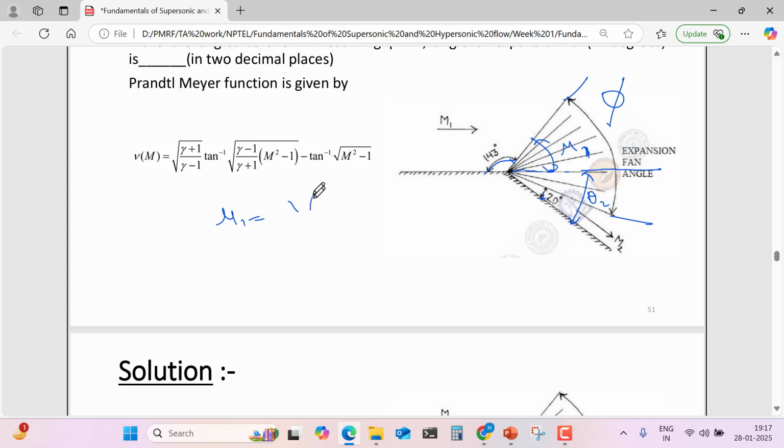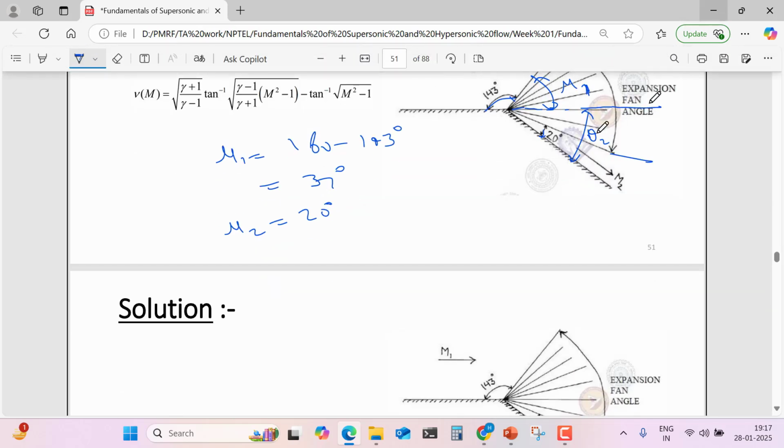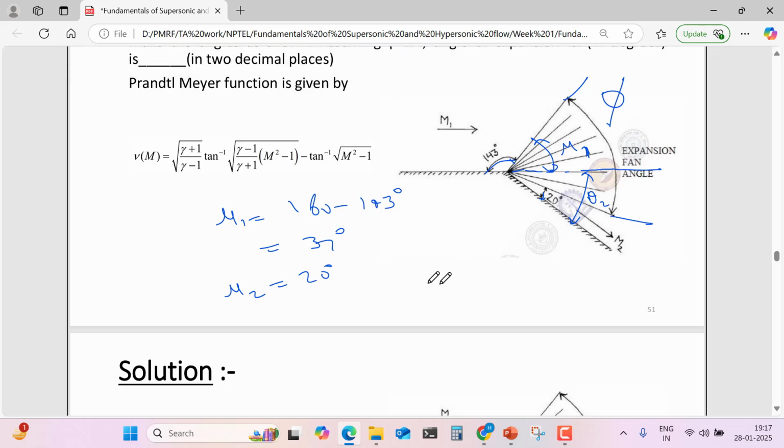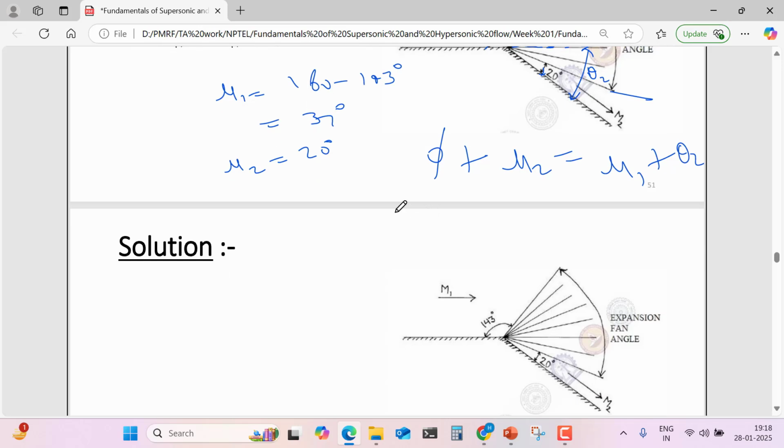Mu1 will be 180 minus 143 degrees, it will be 37 degrees. And you know mu2 is 20 degrees. If you see from this diagram, phi plus mu2 equal to mu1 plus theta 2. Then if we find theta 2, then we can get phi.